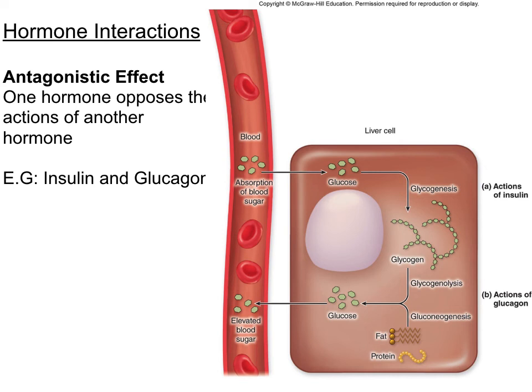And then didn't you have parathyroid hormone and calcitonin? They each had an opposite effect on blood calcium levels. So that's one way that your hormones can interact, by having opposite effects on the same physiological value or factor.